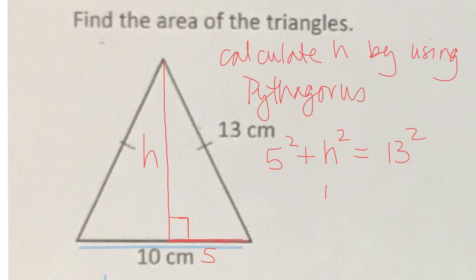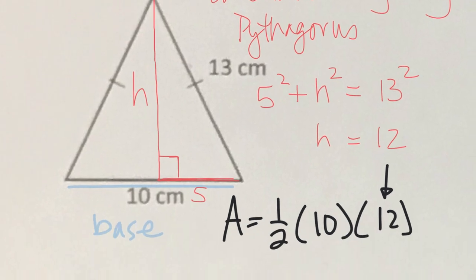So when we solve this Pythagorean theorem for h, we get a height of 12, which is exactly the information that we need in order to calculate the area. So area is 1/2 of the base, which is 10, times the height that we just calculated, which is 12. So 1/2 of 10 times 12 is 60 square centimeters.